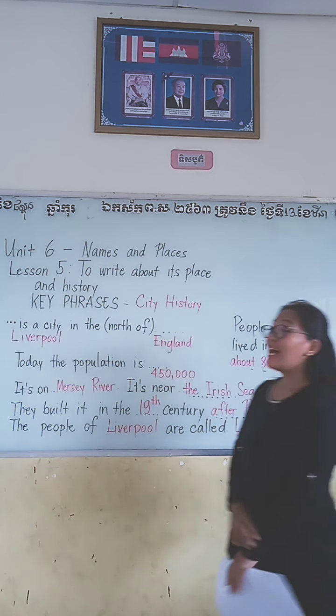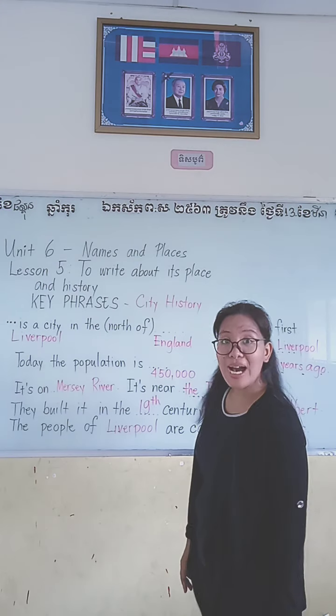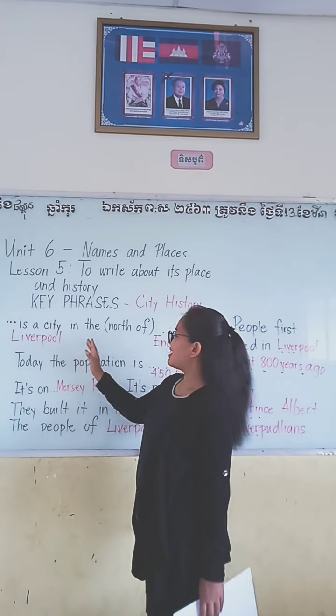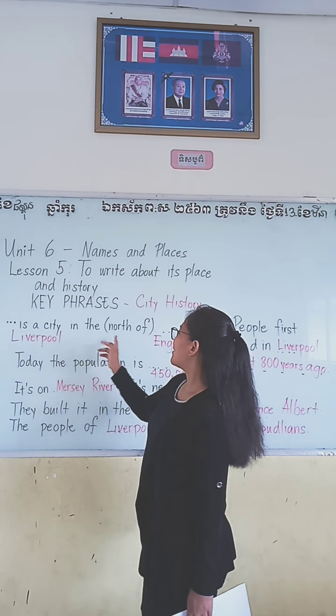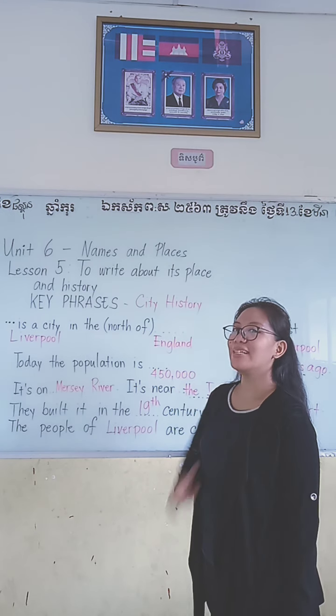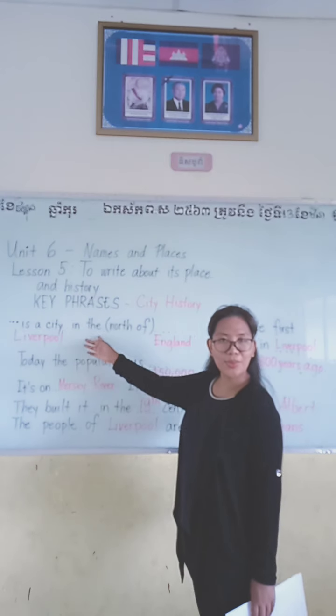Now, I want you to answer. Okay. I'm going to ask you questions. What is a city in the north of England? Very good. The answer is Liverpool. Where is Liverpool?